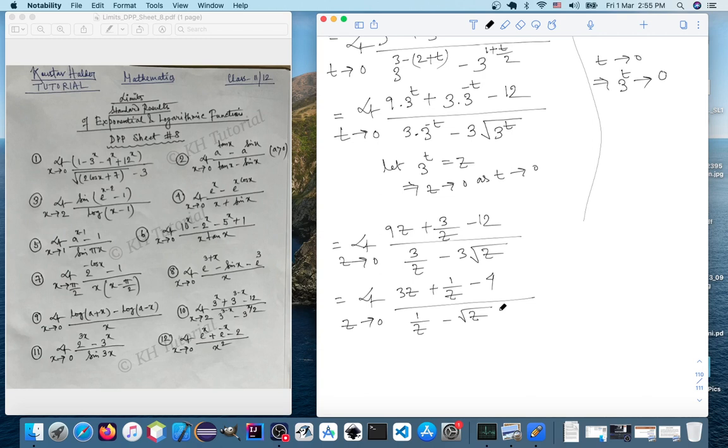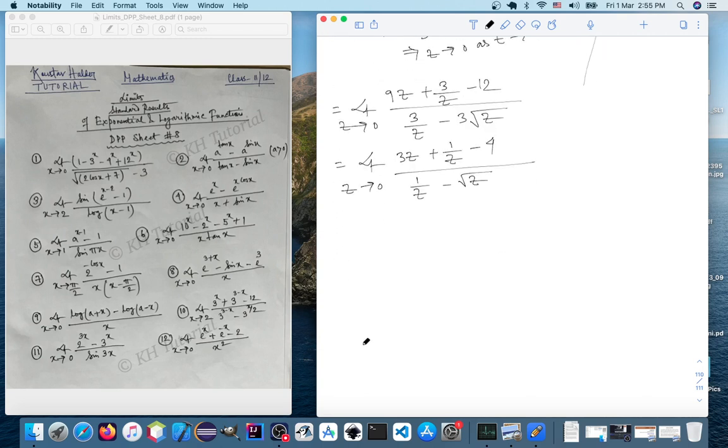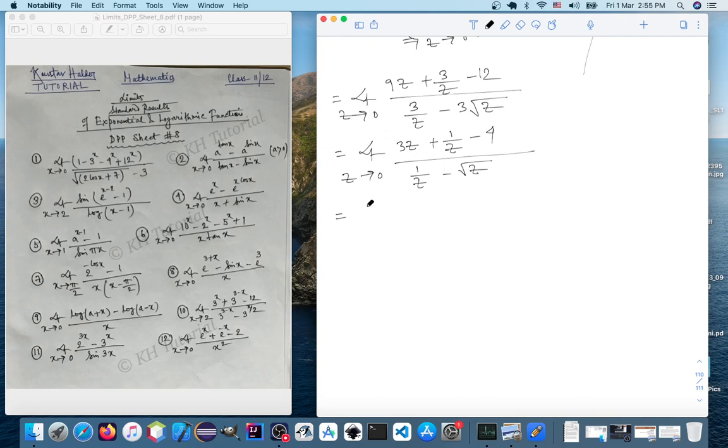If we simplify, the numerator is 3z square minus 4z plus 1.